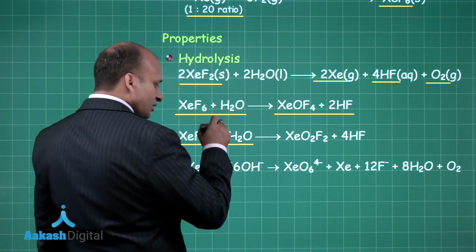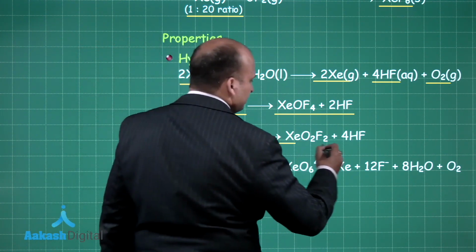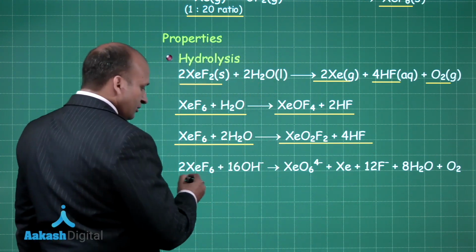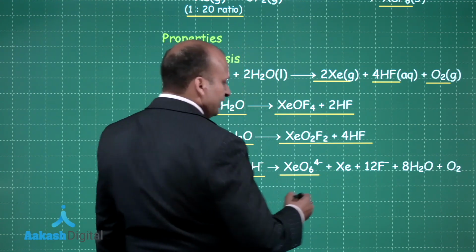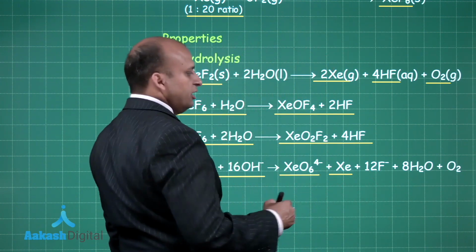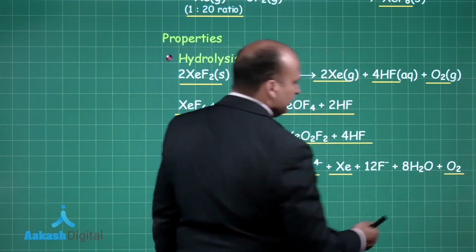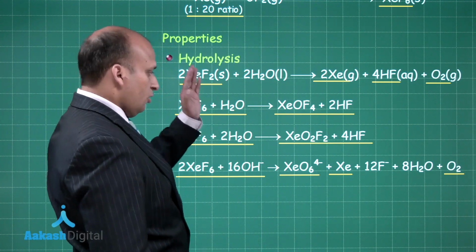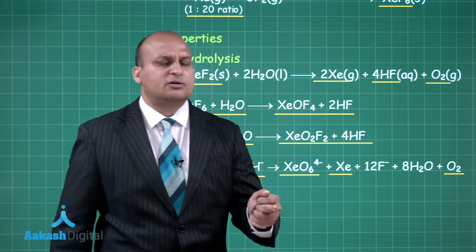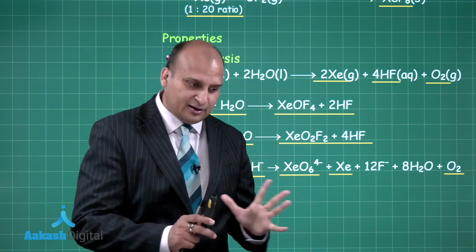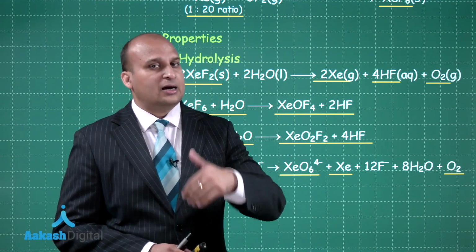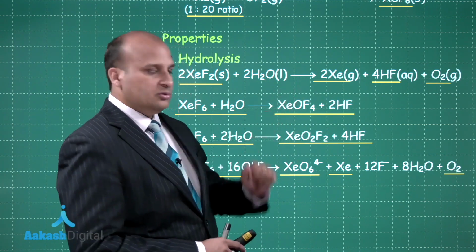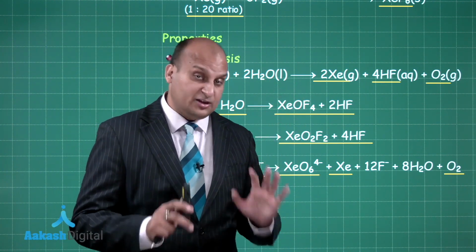If you increase the amount of water, you will be getting XeO3, and in basic medium you will be getting HXeO6(3-) plus xenon. Also oxygen gas is being released, right? All these reactions, apart from that, if you catch hold of any other reaction that is available, please go through it. Nowadays they are asking questions based on these reactions very specifically.